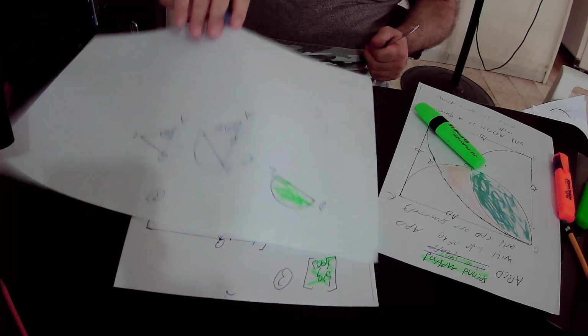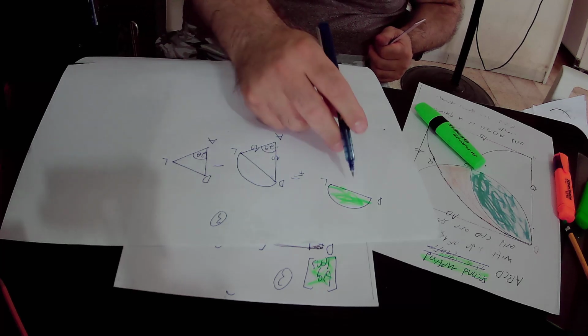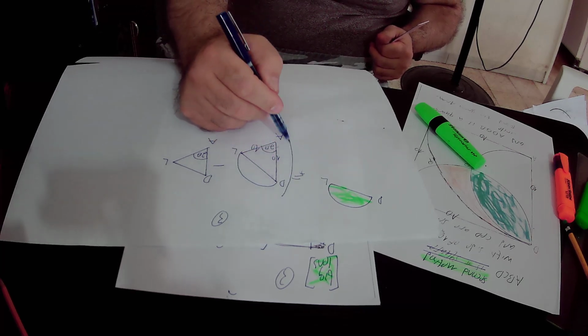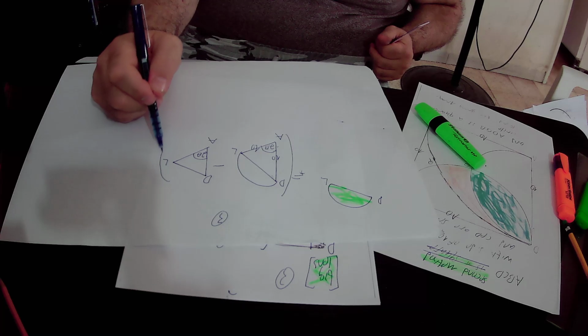I repeat again, the area of circular segment ADL, this shape, is equal to the area of sector ADL minus the area of triangle ADL.